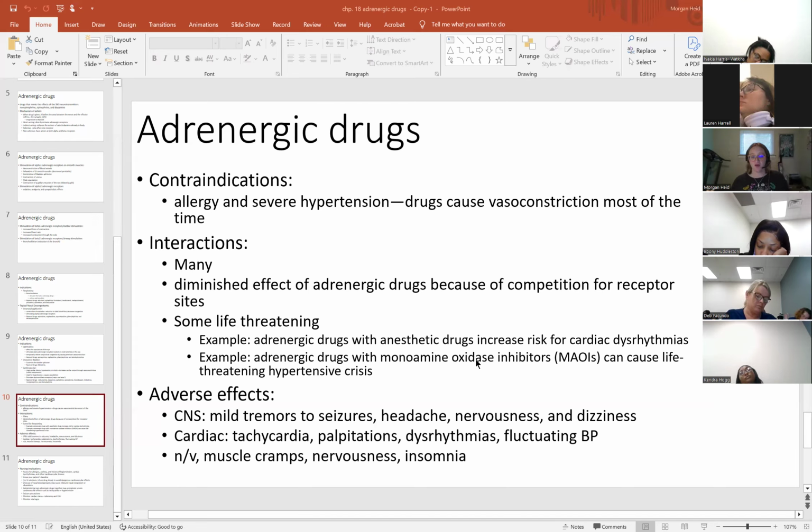If I already have hypertension issues, it would be damaging to my patient to give them more hypertension, which could cause things like stroke, MI, PE, and other cardiac issues like heart failure. So I don't want to add more hypertension on top of hypertension. Make sense? Because like I said, even if I'm not taking these medications for the cardiac system, it can still cause vasoconstriction as an adverse effect.